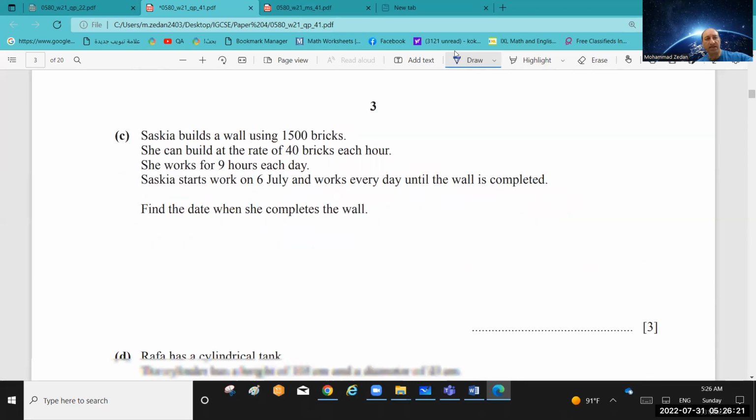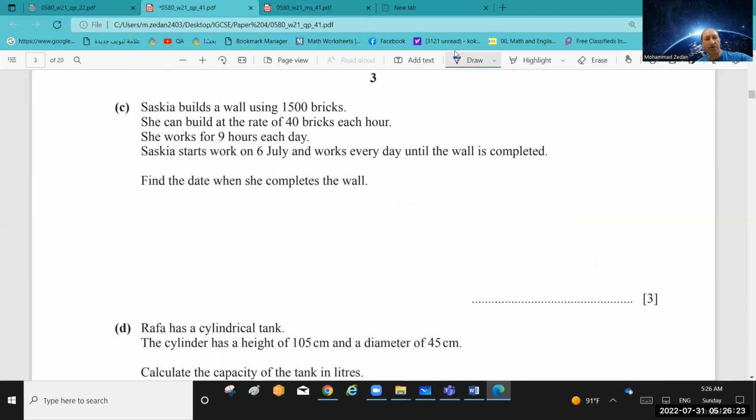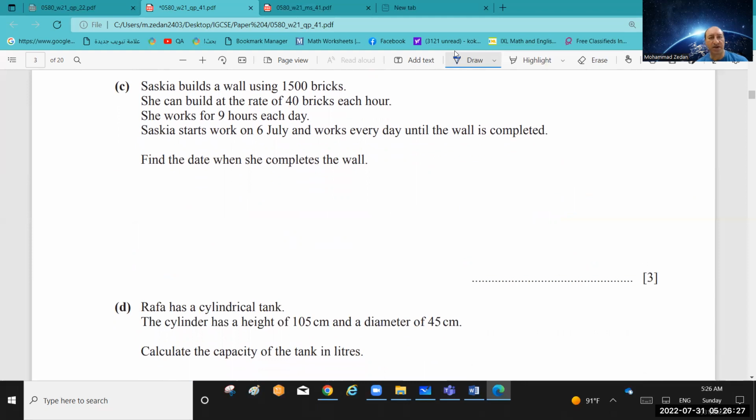Number C, Saskia built a wall using 1,500 bricks. She can build at a rate of 40 bricks each hour. She works for 9 hours each day. So from these 3 lines, you can find how many bricks she can build in 1 day.